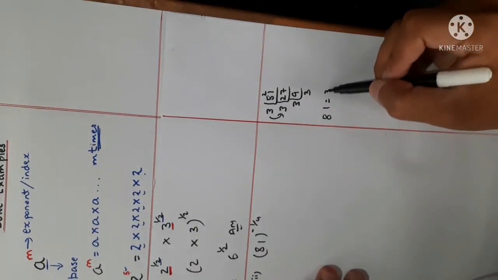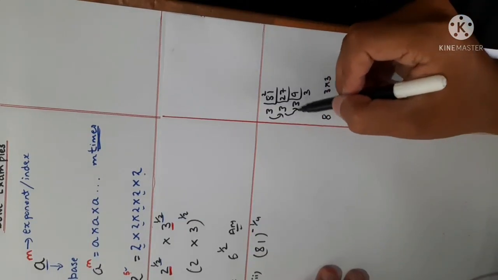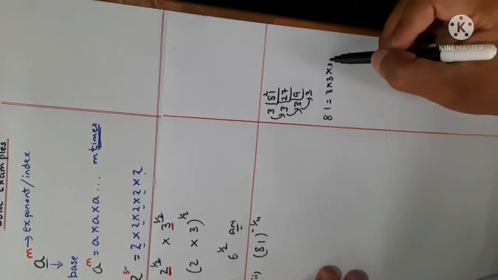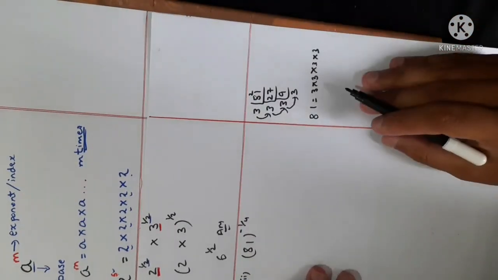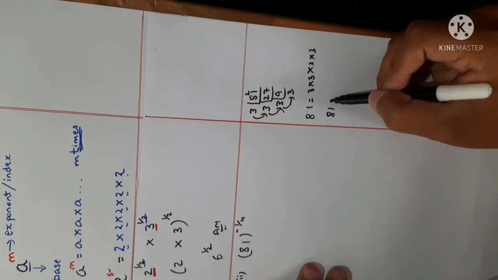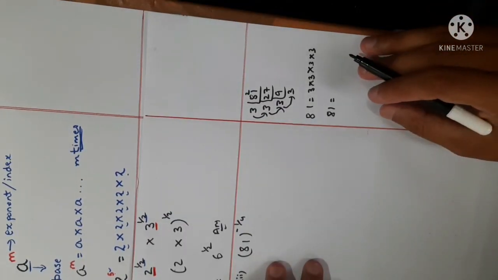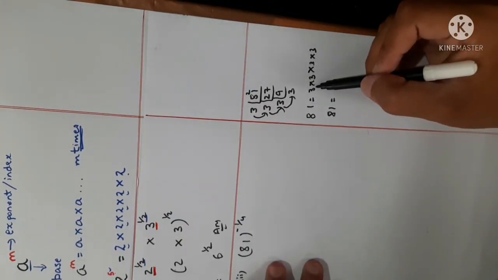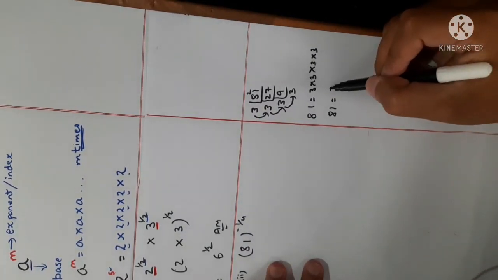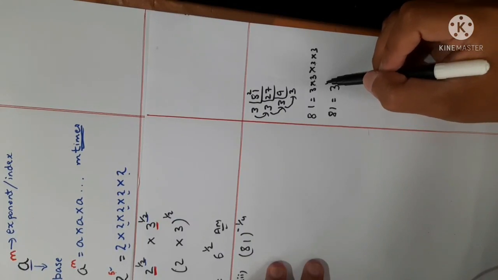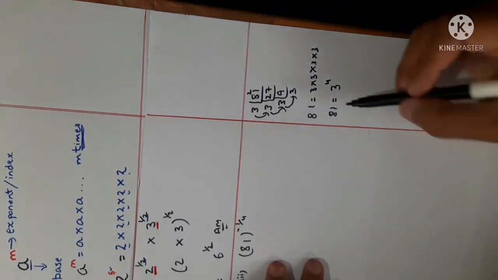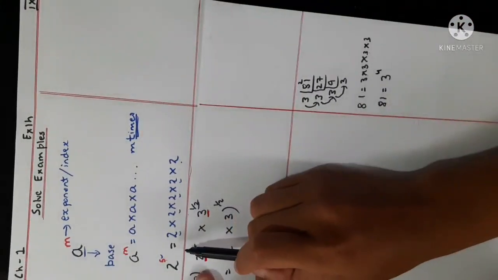3 multiply 3, multiply again by 3, multiply again by 3. So 81 equals 3 multiply 3 multiply 3 multiply 3. So 4 3s. We have to multiply 3 4 times. So we write 3 to the power 4, isn't it?